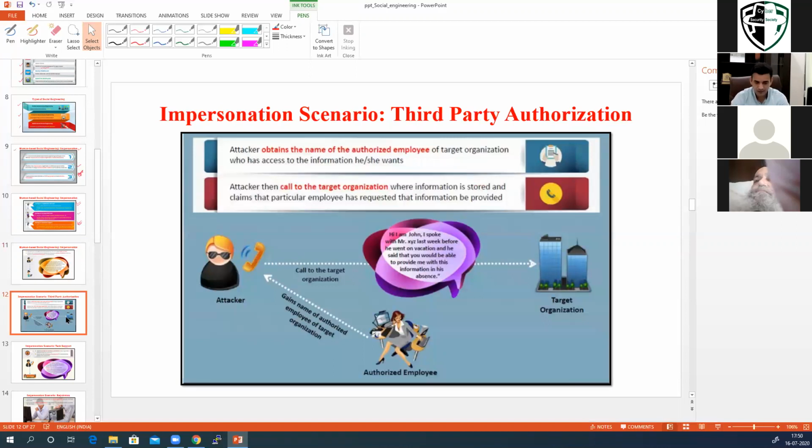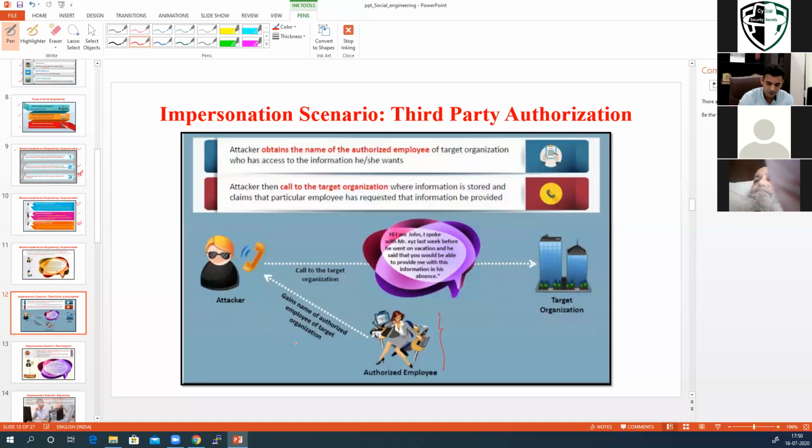This is another case of an impersonation scenario where there is a third party authorization, and what basically happens in this is that the attacker obtains the name of an authorized employee of the target organization who has access to the information which he or she wants. Okay, so he will get the name extracted. How he will get it extracted, there are a lot of ways for that also. Okay, like in the picture you can see there's an authorized employee.